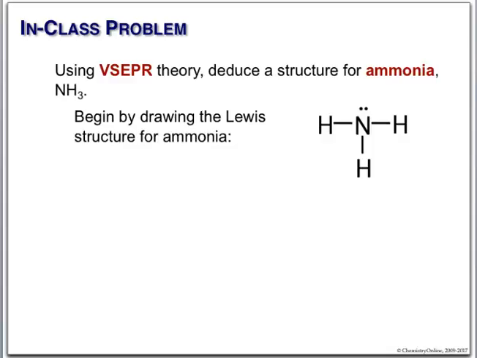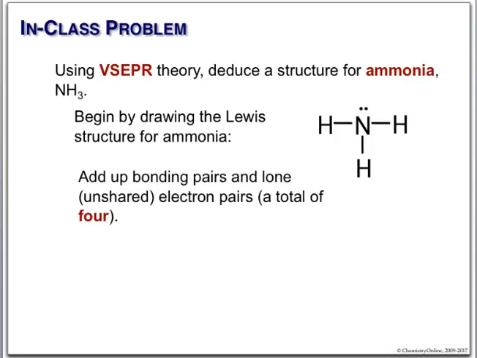Now, we look at this and say, how many things do we have around this nitrogen? Well, we have 1, 2, 3, and our lone pair of electrons here counts, that's 4. So we have 4 things around it.